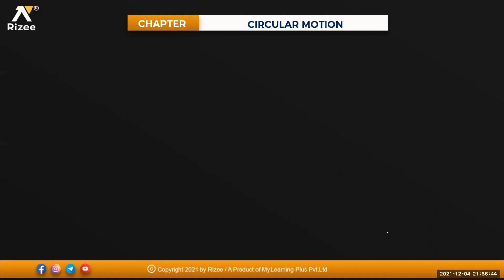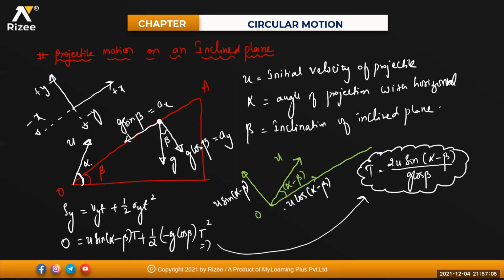Next one is horizontal range. So how do you calculate the range along the inclined plane? R is equal to ux into t plus half ax t square. T is nothing but time of flight. Tell me what is the value of ux?